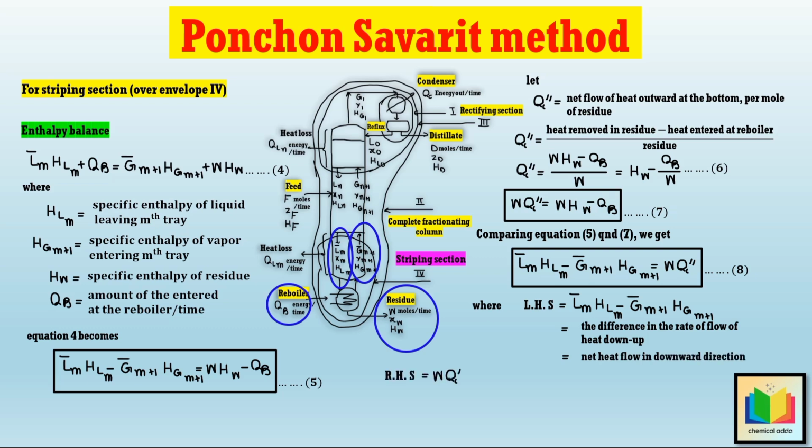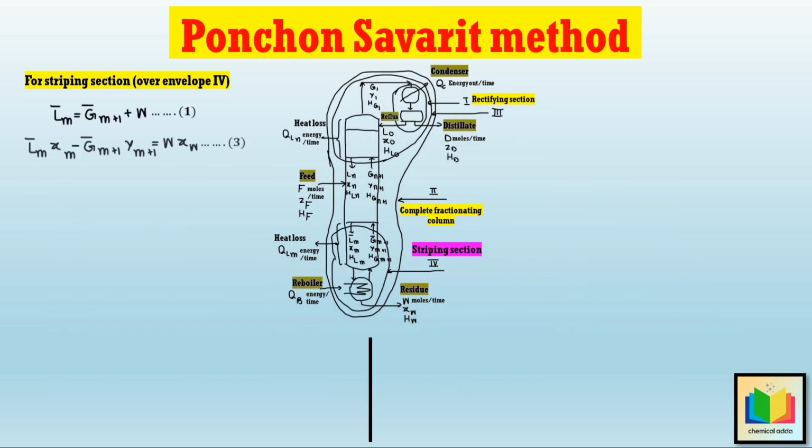But the right-hand side of equation 8, that is W Q double dash, remains constant for the specified distillation. Because W Q double dash represents the constant net rate of heat flow from the bottom for all trays in this section. Hence, from this, we can conclude that the difference or net rate of heat flow in the downward direction is also constant. In this manner, we get 3 equations for the stripping section.